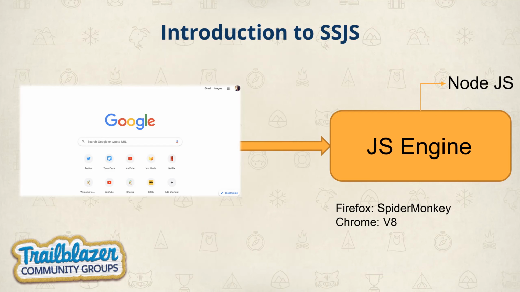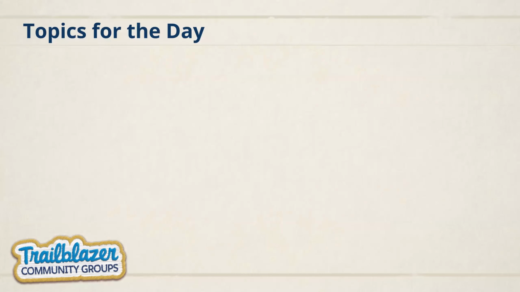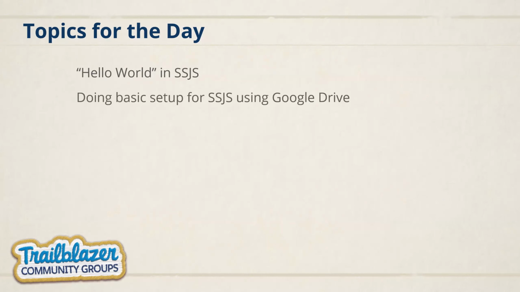With this introduction, let's quickly see the topics that we are going to cover today. First, we will see how to print hello world using SSJS, the first thing we do in most programming languages while learning. Then we will do a basic setup where you can run your SSJS code using Google Drive. This is very helpful for beginners.